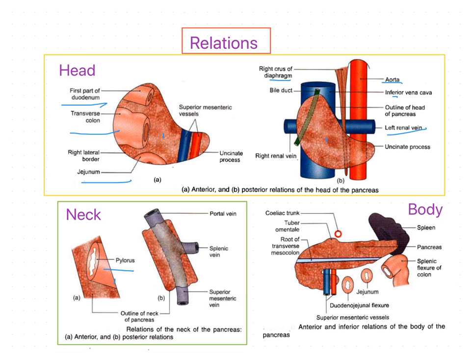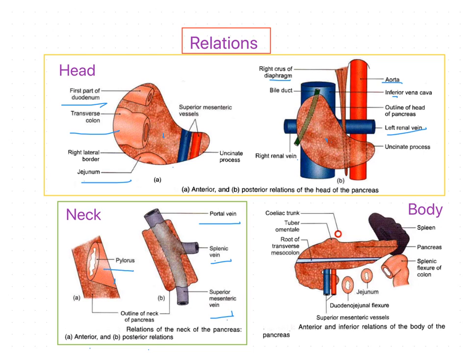Whereas on the posterior aspect, it is related to the superior mesenteric vein and splenic vein. The superior mesenteric vein and splenic vein form the portal vein. So these are the structures related on the posterior aspect of the neck.